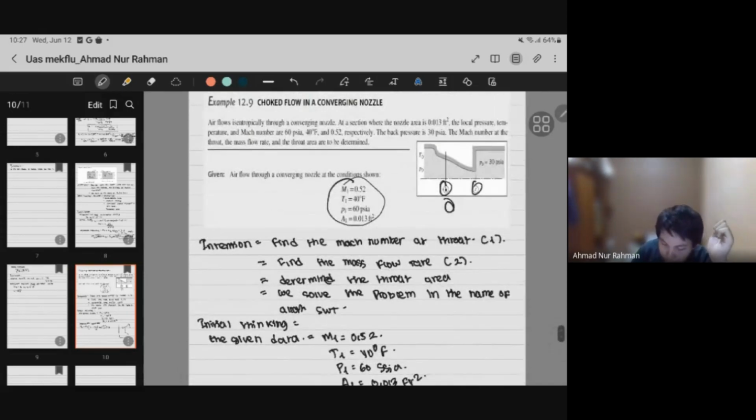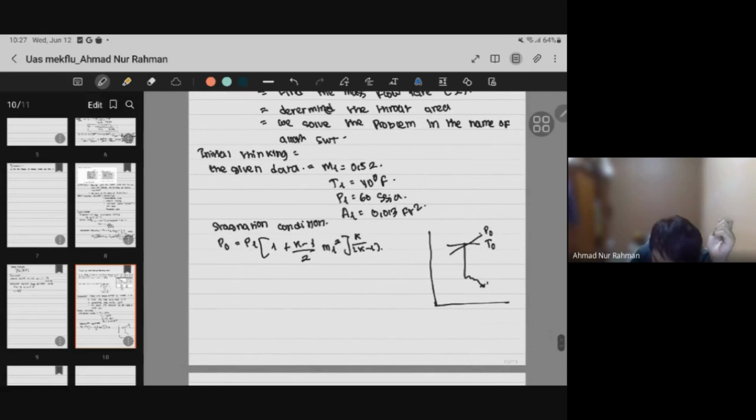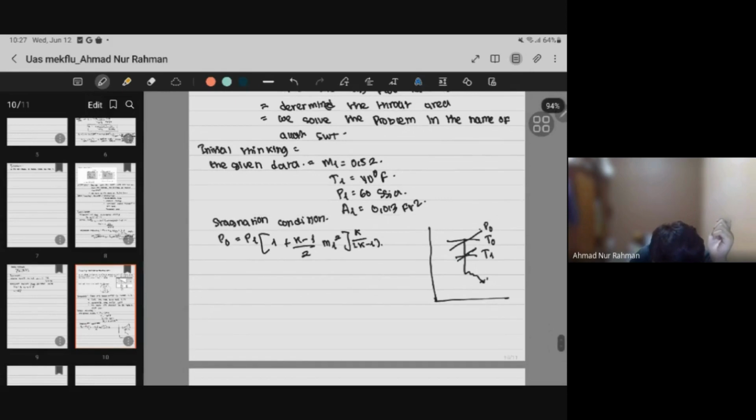From the picture above, P0 and T0, and this is T1, this is P1. And it continues down to PB, T2, T, PT. It will continue to go down. Here we have T versus S.